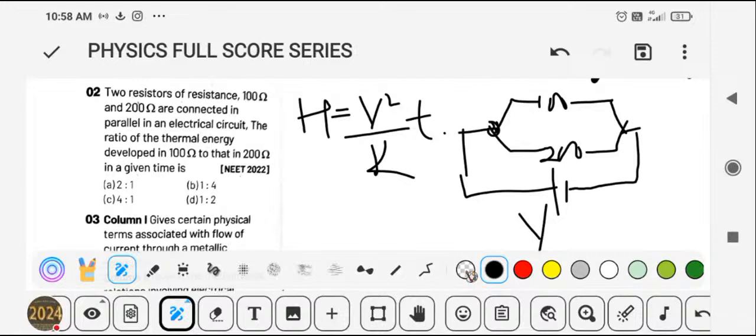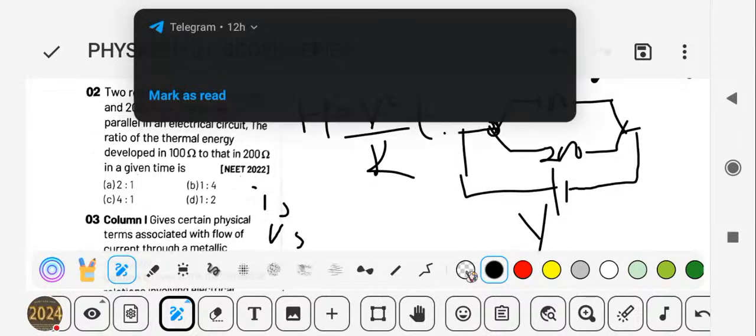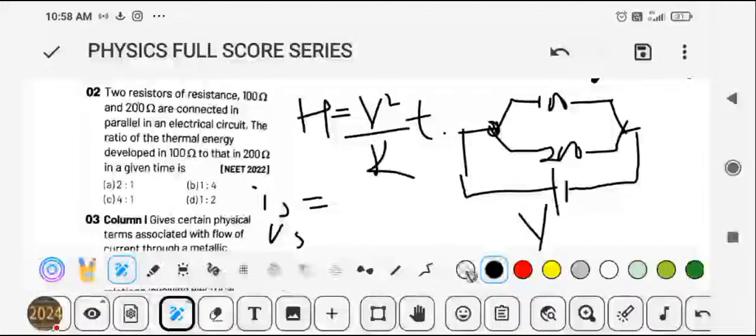The current, if you take IS for example and VS for example, in series IS is equal to the same in I1, I2, I3, I4 and all. But in parallel, in voltage, the VS is equal to V1 plus V2, and so on.